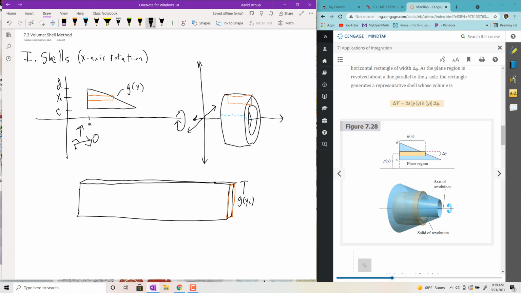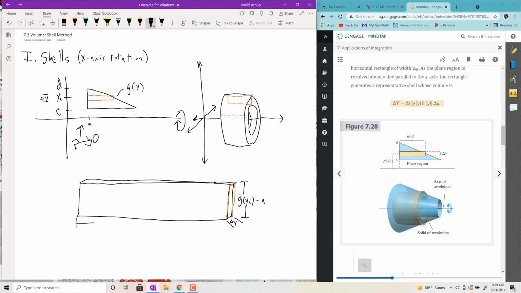I know there's a little space in there. If you want to, you can subtract away a; g of y sub i minus a would give you this distance. Then the width of this red rectangle is going to be change in y. So this dimension here is delta y.